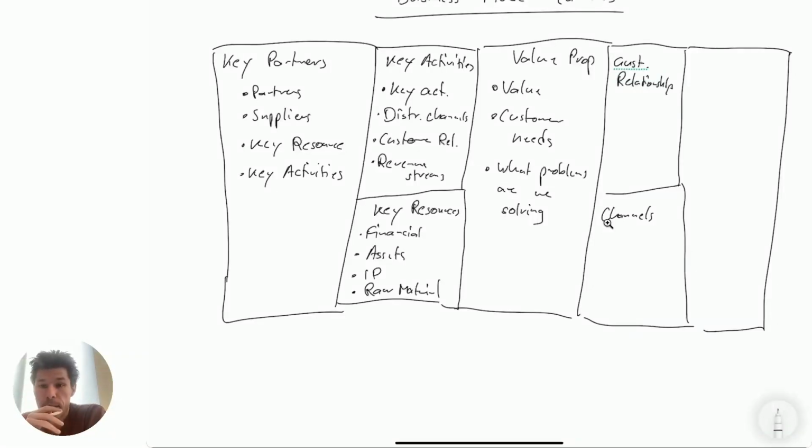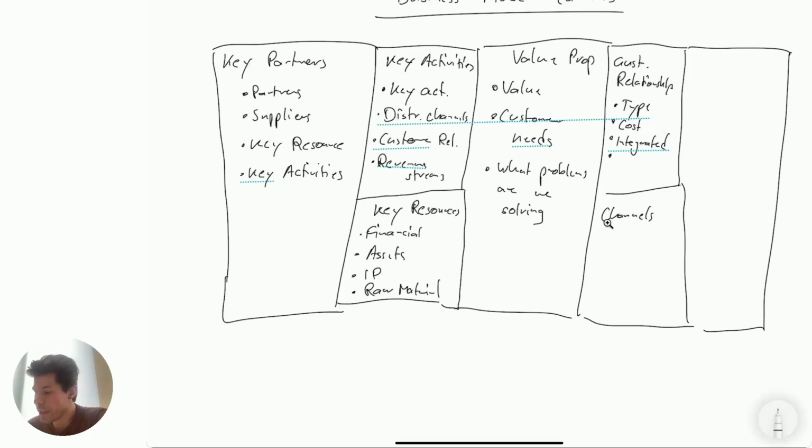Are we meeting our customers in person? Is it via our website? What type of relationships do we have? Type of relationship, cost of our relationships, how integrated are they? And there are a few examples as said: personal assistance, self-service, communities, co-creation, and so on.